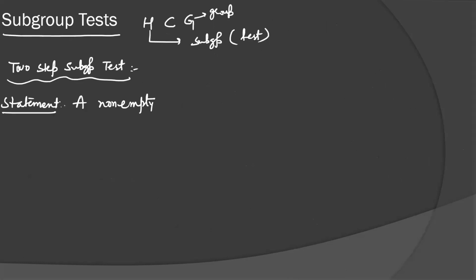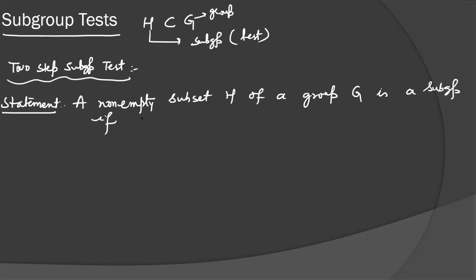Now let's see the two-step test. So what is two-step test? Firstly, I am going to discuss the statement here. A non-empty subset H of a group G is a subgroup if and only if following two conditions are held.